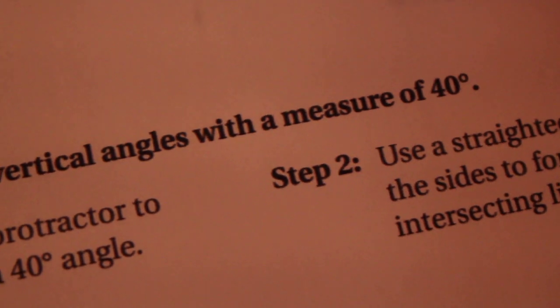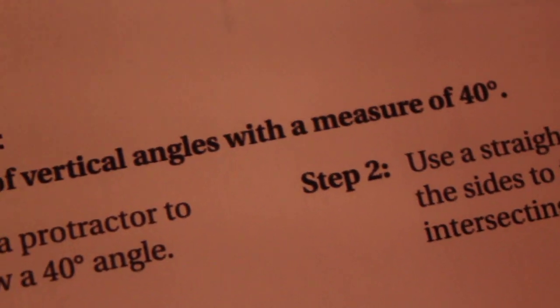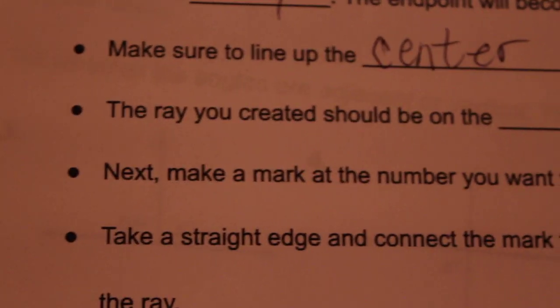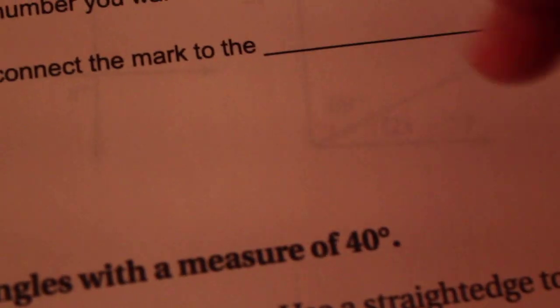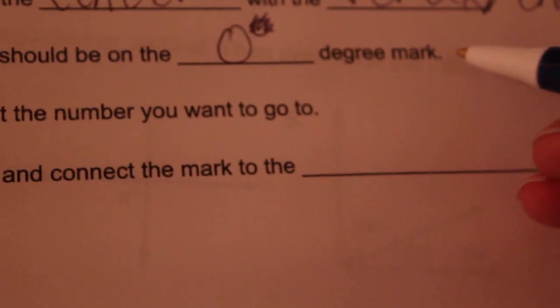Some of you refer to that as an endpoint. You'll hear it worded both ways. So you should have ray, vertex, center, and vertex/endpoint. The ray you created should be on the 0 degree mark of the protractor.